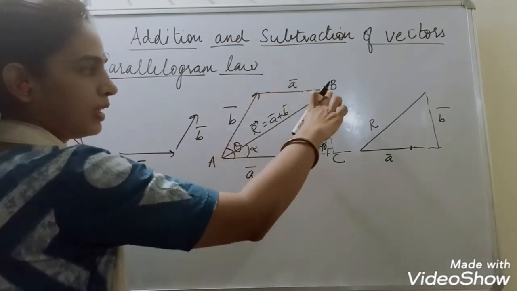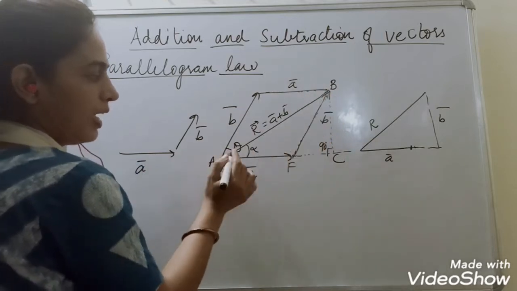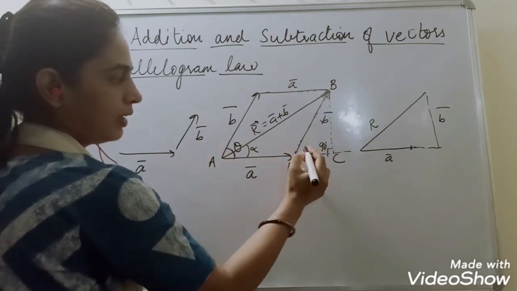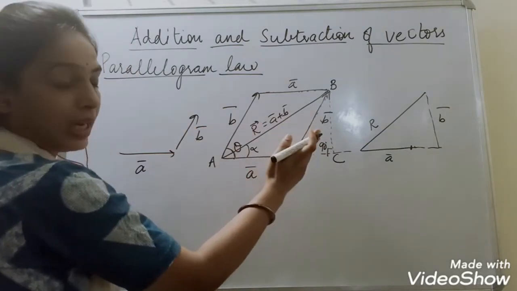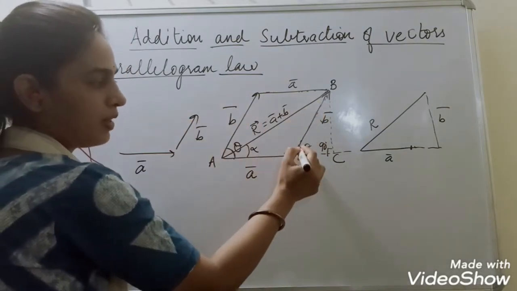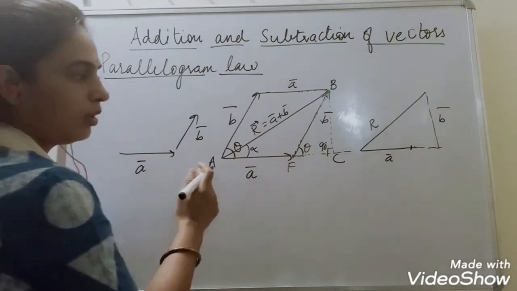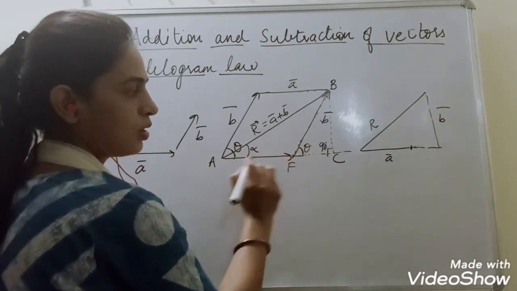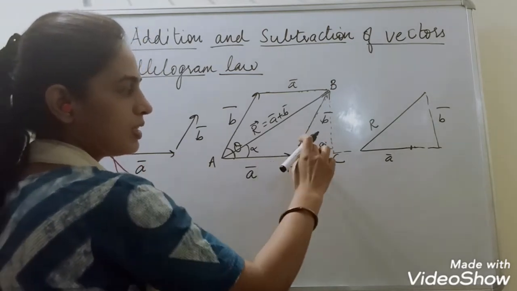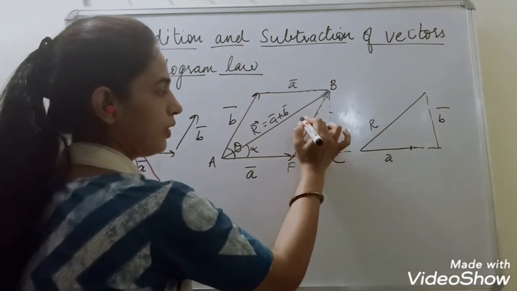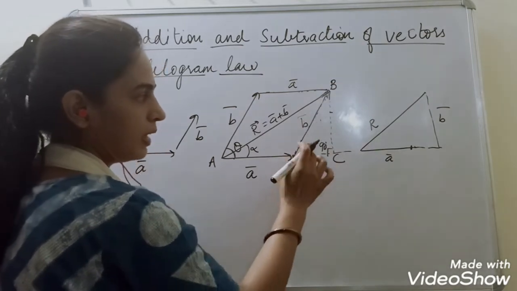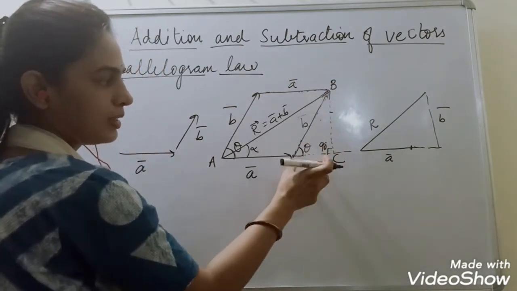What is the value of part FC? See, this is vector A, this is also vector A. If this is angle theta, then this is also angle theta, because they are parallel lines. So parallel lines will have the same angle with a horizontal. So this is also angle theta. If this is angle theta, in this small triangle, this is B. See, this is B, this is theta.